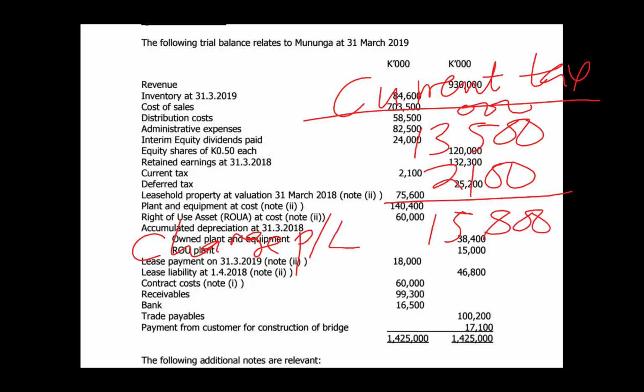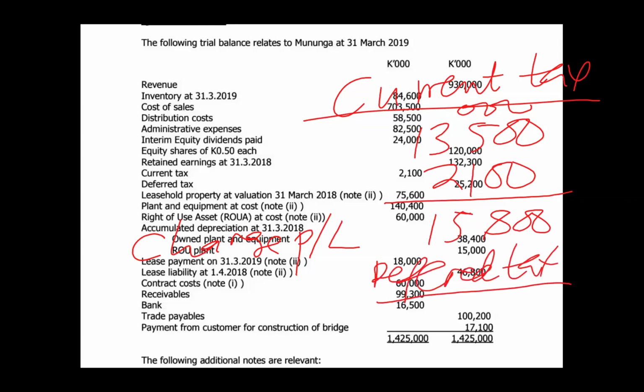That is the amount of carrying amount. Remember, I've told you that the tax expense you report is the difference between the net carrying amount and the deferred tax. Let's deal with the deferred tax now. What are we given about the deferred tax? We need the carrying amount for deferred tax.